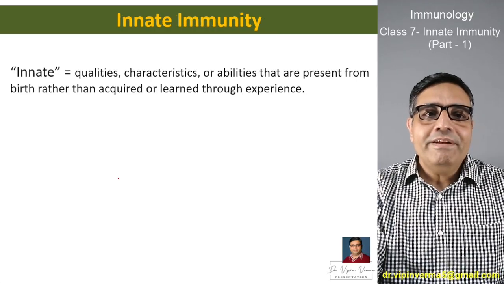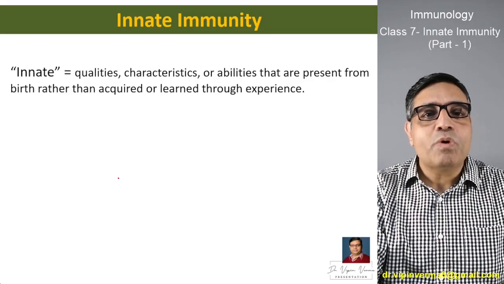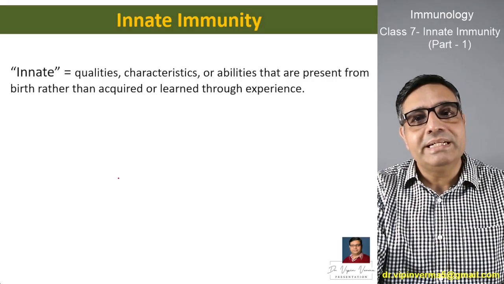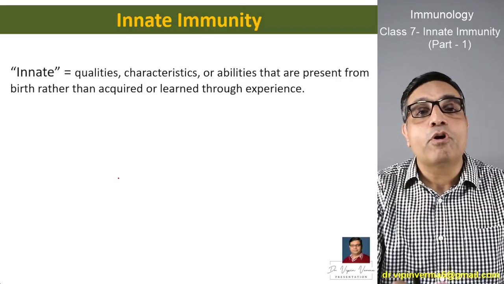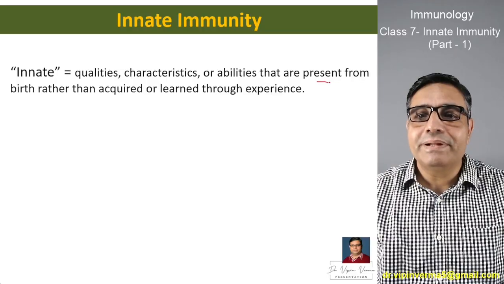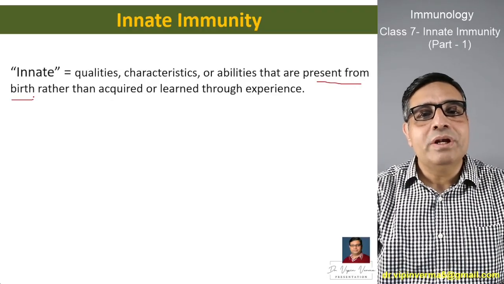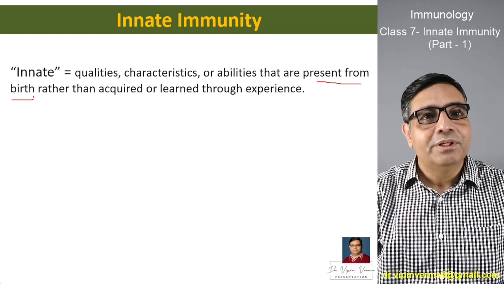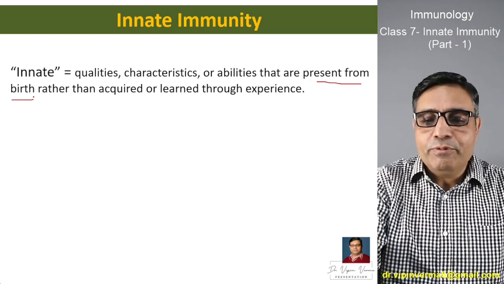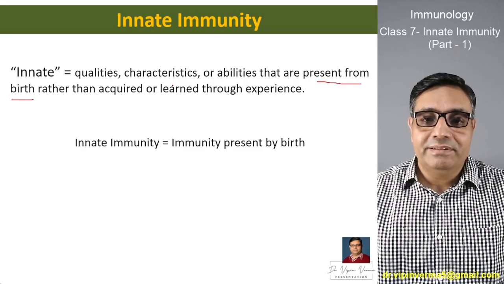Now, the dictionary meaning of innate is qualities, characteristics, or abilities that are present from birth. The important part is that these qualities are present from birth rather than acquired or learned through experience. So innate immunity is the immunity which is present by birth.